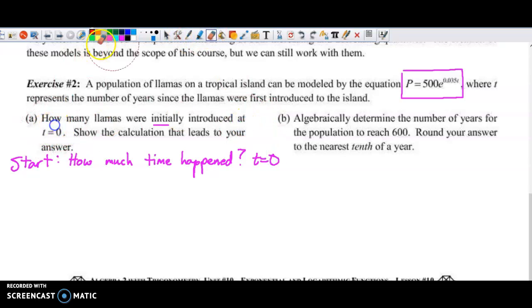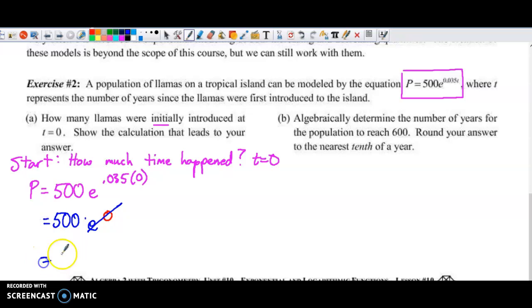You don't actually need a calculator, because you could just go to that problem and plug in 0 for t: 0.035 times 0. And I think you can do this in your head because anything times 0 is 0. Let me go back and rewrite 500 times e to the 0 power. Because anything to the 0 power is equal to 1, we're looking at 500 times 1, which means that there were 500 llamas to begin with.